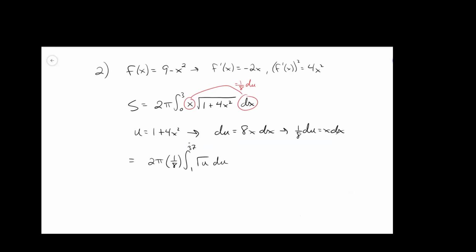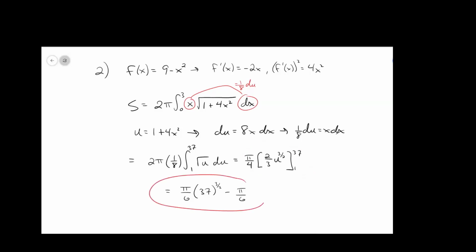So there's our new integral in terms of u. And so this becomes pi over 4 times the antiderivative of u. So just plugging in the 37 and the 1 is all I'm doing there to get to this answer here. Just doing the fundamental theorem there, plugging in the two bounds, subtracting.